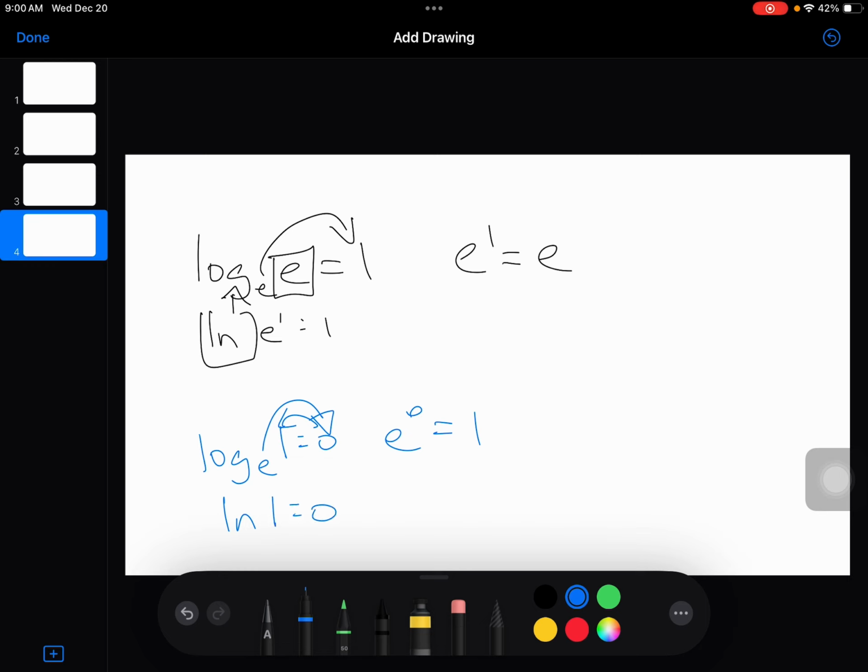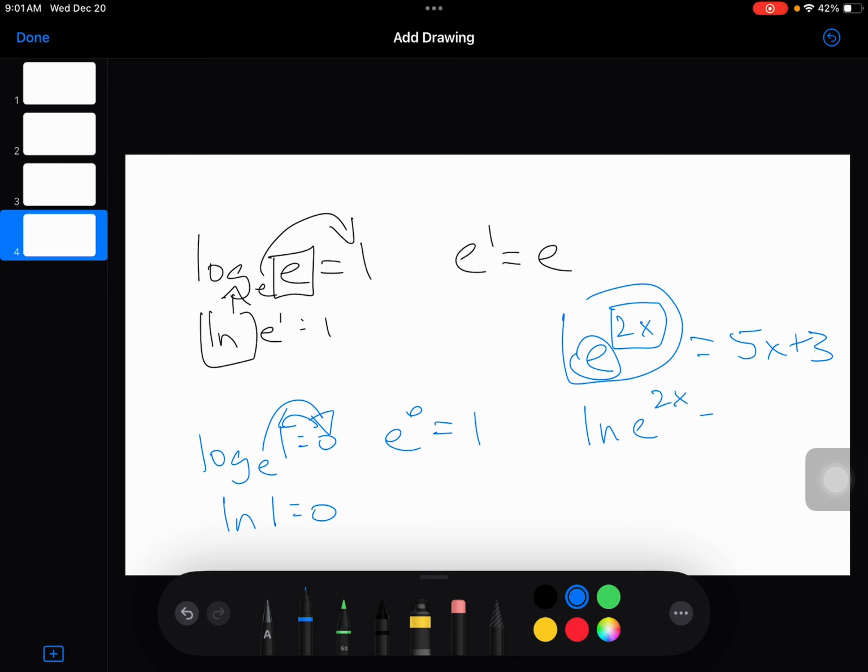Now anytime you have something like e to the 2x, and you want to do something, this is equal to something else, I don't know, 5x plus 3, and you're confused, well, oh, what do I do with this? How do I deal with this e here? Well, that's how we get taking natural log of both sides.